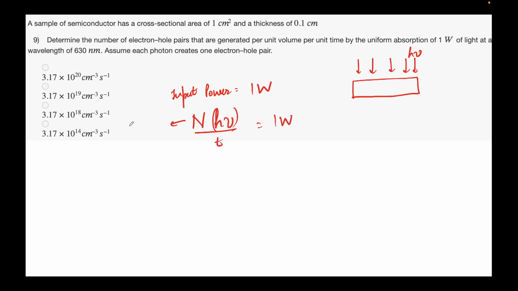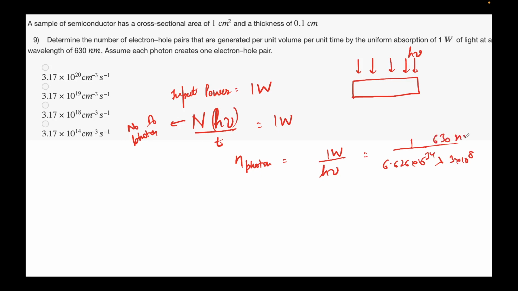Now n by t, the number of photons per second, I can write as 1 watt over h nu. You put the values: 6.626 times 10 to the power minus 34. Wavelength is given, so I can write nu as c by lambda, so that's 3 into 10 to the power 8, and lambda is 630 nanometers.